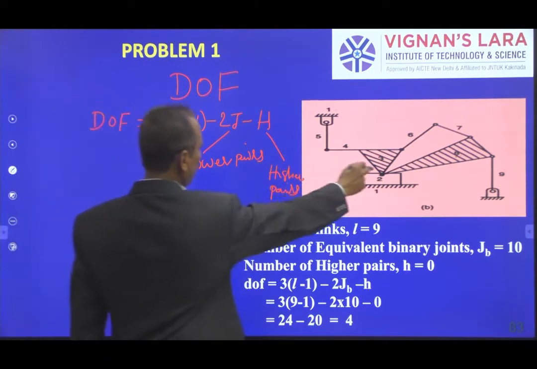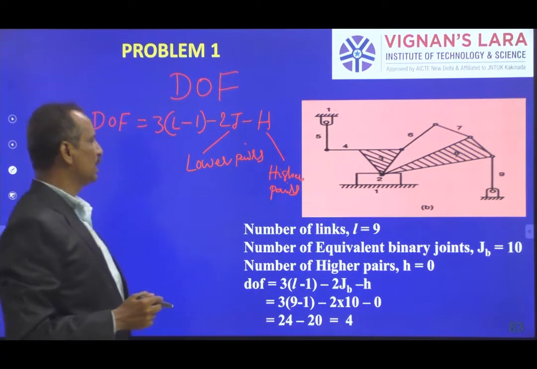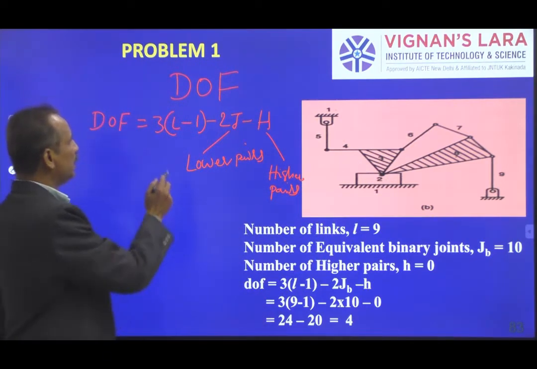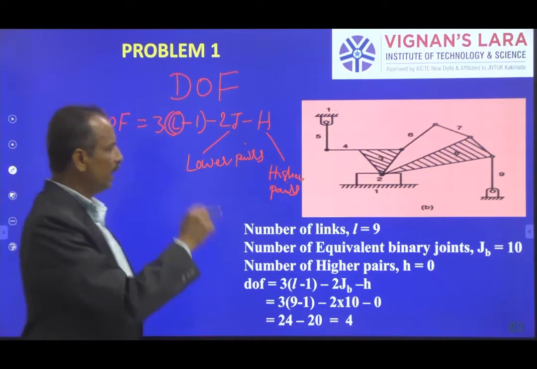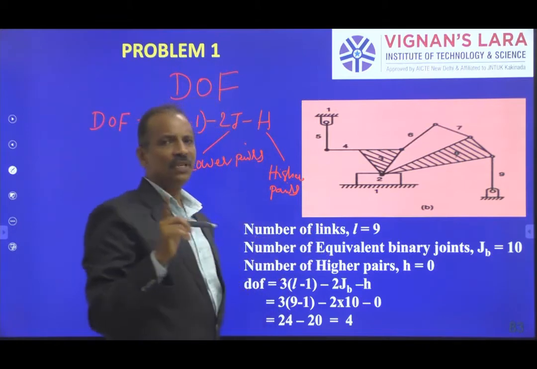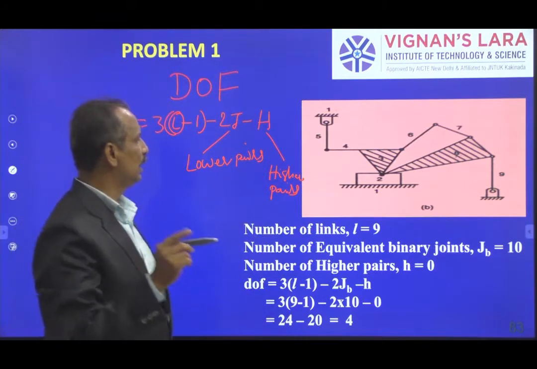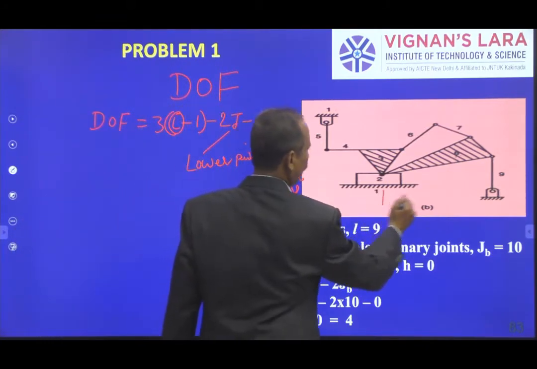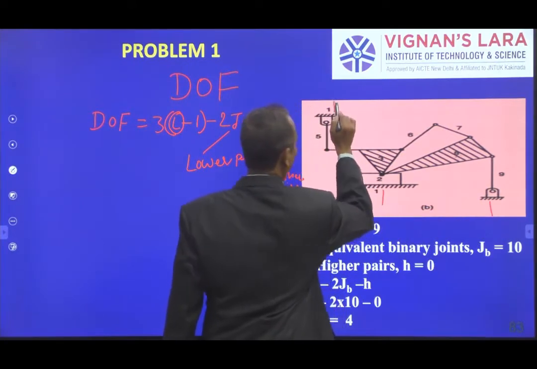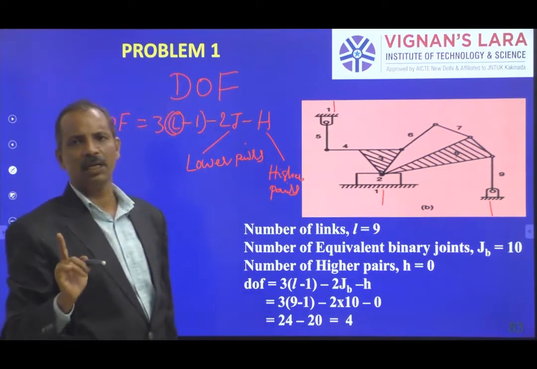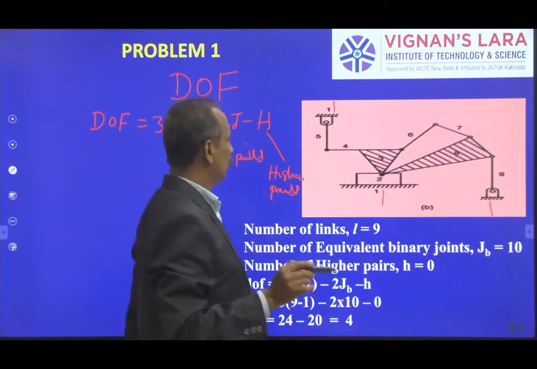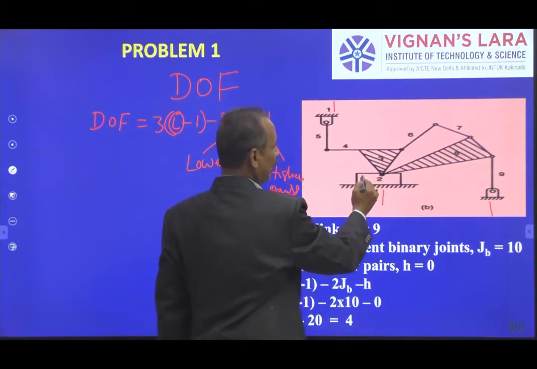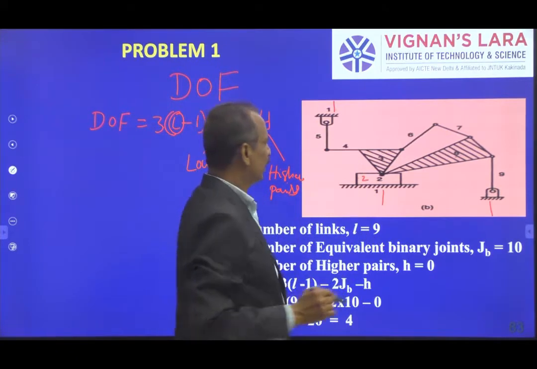Let us see this problem and find out how many degrees of freedom. First we have to find out how many links are in the mechanism. Look here, all fixed positions are taken as a single link. That means 1, 1, 1, all these are 1 only. Don't name them 1, 2, 3. All fixed ones are called 1. Then this is a slider, 2.